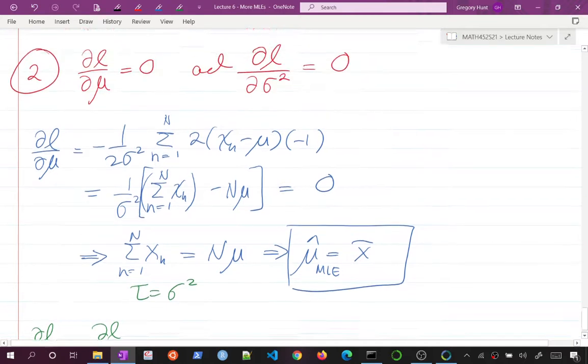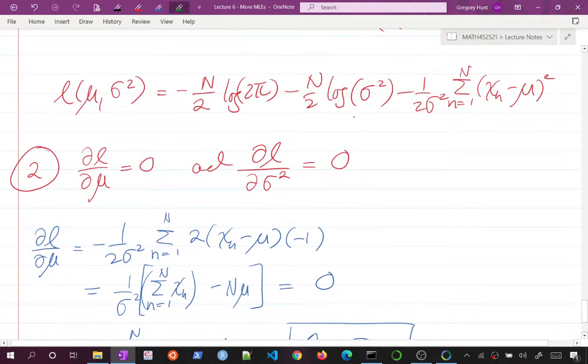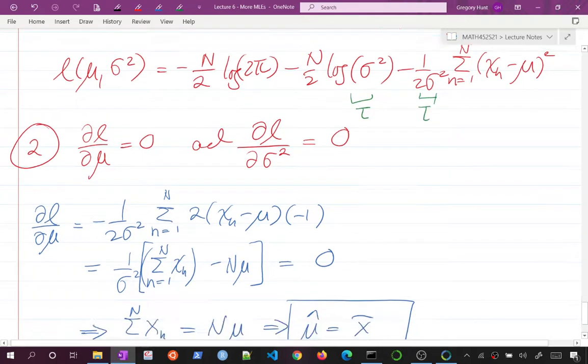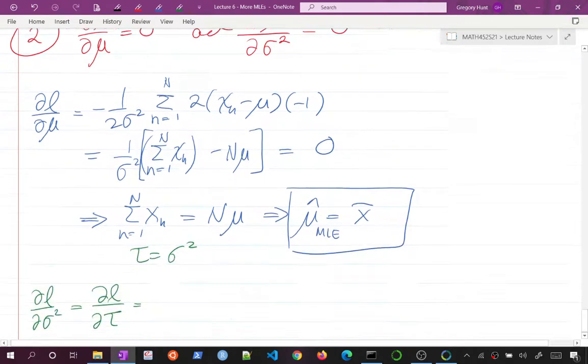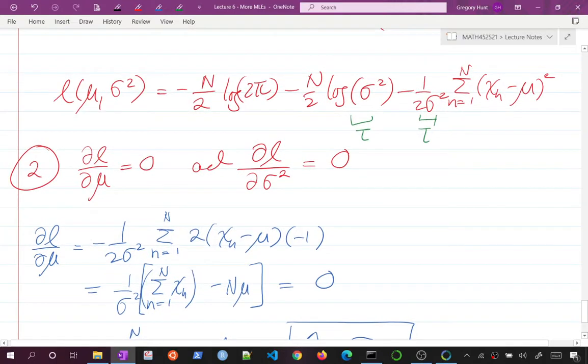Everywhere we see sigma squared, we're going to replace it with a tau, because it's weird taking derivatives with respect to squares of variables. So just rename the square to a single thing, okay? So, derivative with respect to tau.